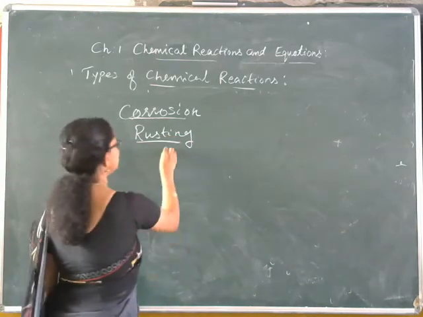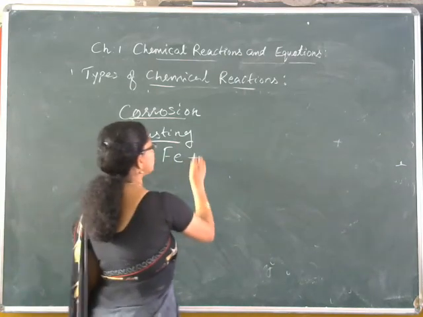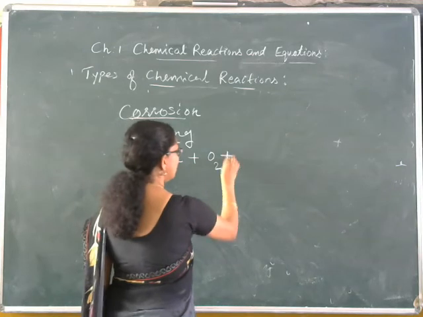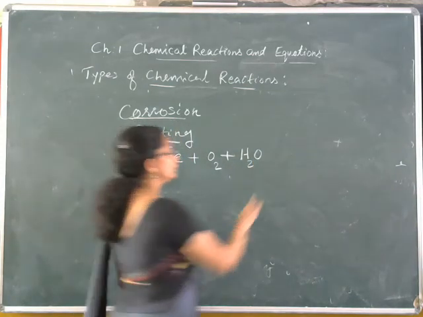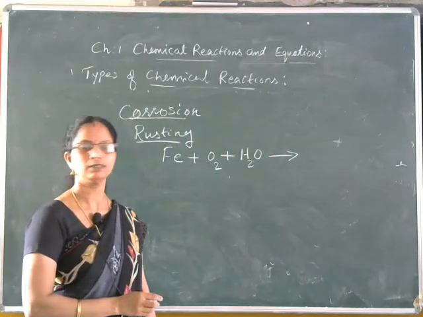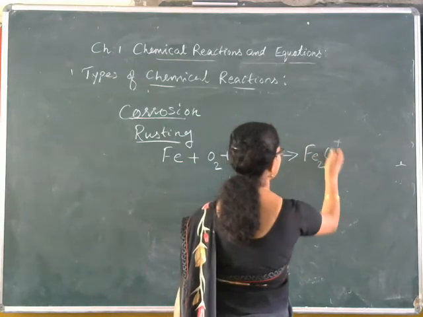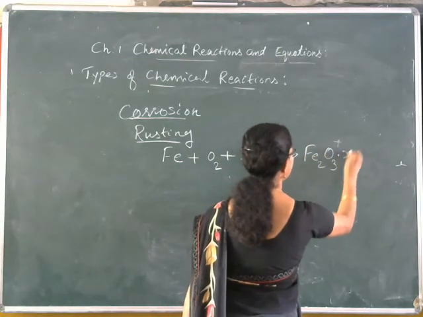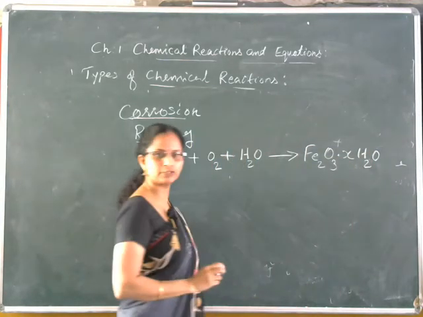What happens during rusting is, Fe reacts with oxygen and water vapor, moisture present in the air, to form a reddish colored flaky substance which we call rust, Fe2O3.xH2O. Here the x is meant for water of crystallization.